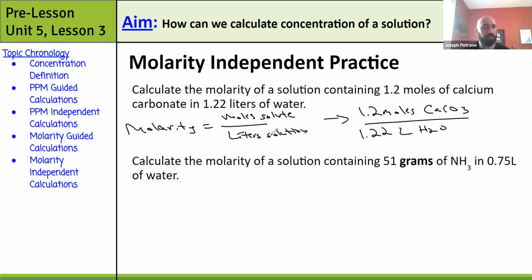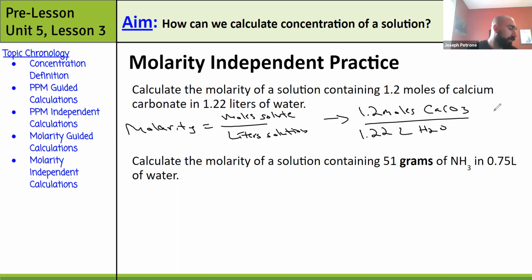Now, I know in the previous questions, we were looking at water as a solvent, but given that we're using our moles of calcium and not masses in this case, we assume that the volume is consistent. So if you see liters of water compared to solution, for molarity calculations, they're pretty much the same. But for parts per million, that's where there's a difference.